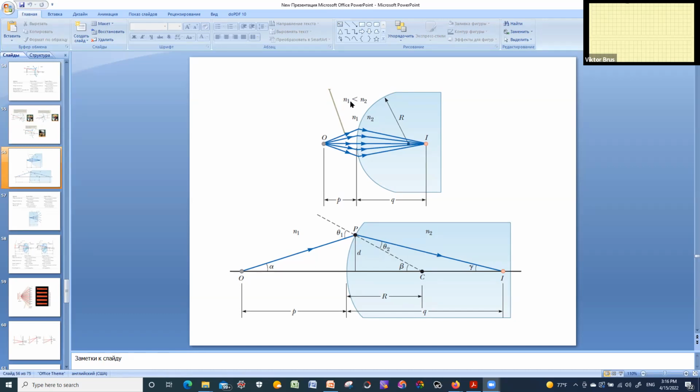From our previous discussions, we have shown that there is a relationship between the refractive index of the first and second medium, and also the incident and refracted angles.